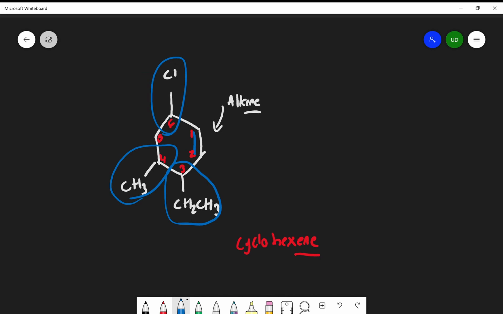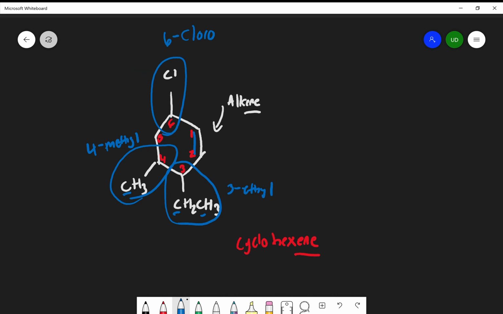On 3, we have a CH2CH3. If you would expand that, you would get an ethyl because there's only 2 carbons present. So this would be 3 hyphen ethyl. On carbon number 4, you have a methyl because there's only 1 carbon present. And on carbon number 6, we got 6 hyphen chloro. Instead of saying chlorine, you would say chloro.